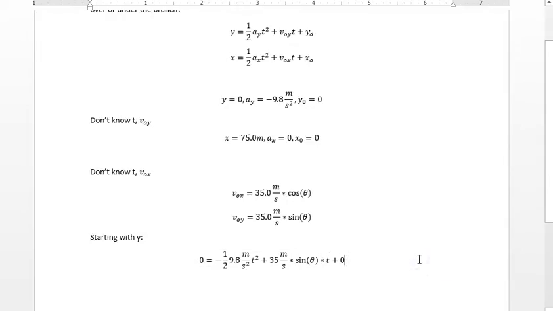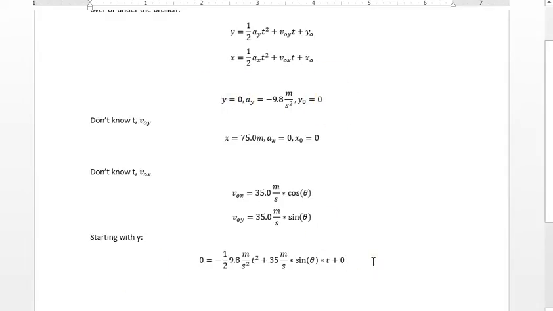All right, so that's our equation in y now. We stuck in v naught y, we stuck in the fact the acceleration is minus 9.8, and we stuck in the fact that it starts at 0 and ends at 0.